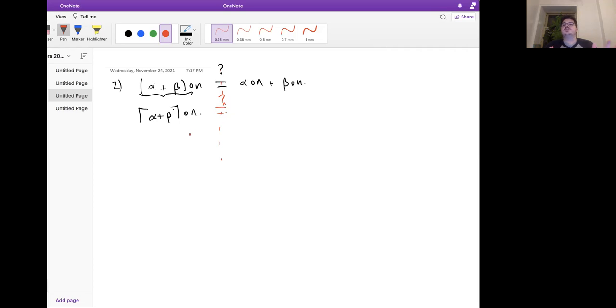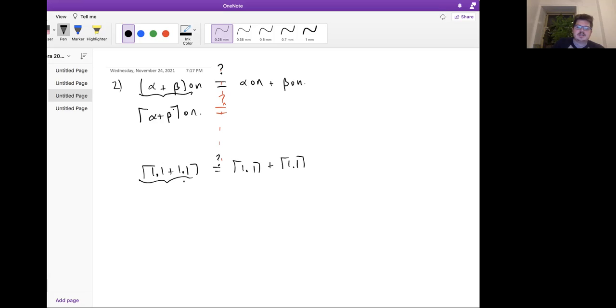Give an example of two numbers: first you take their sum and then ceiling, and then do it separately and then ceiling. Sure, let's try that one. So let's do ceiling of 1.1 plus 1.1, and let's do ceiling of 1.1 plus ceiling of 1.1.